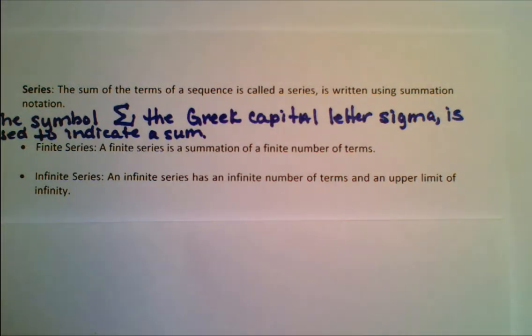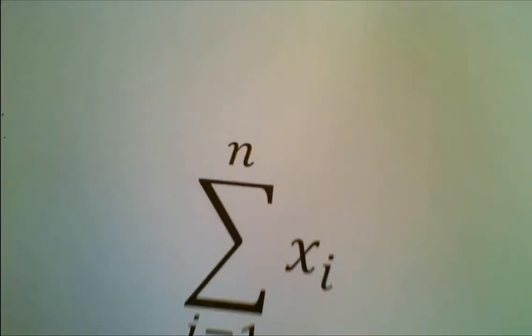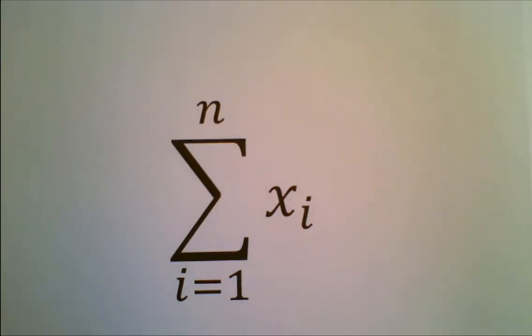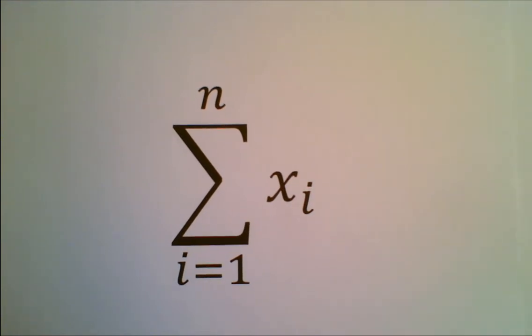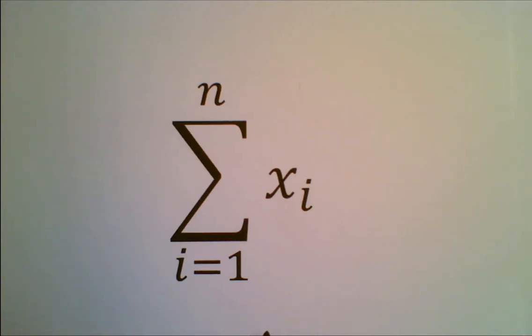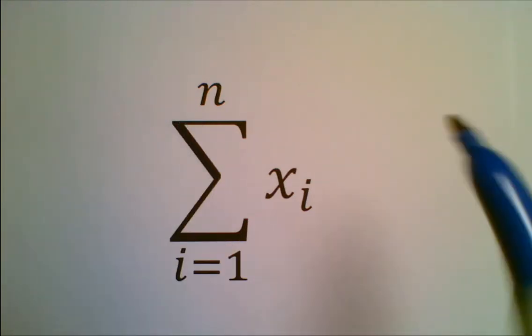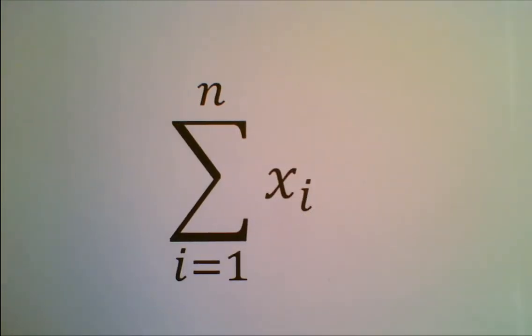So before we move on to the other terms, I want to talk about this Greek letter sigma and what it stands for. So here we have the sum of x sub i, where i is equal to 1 to n. And I want to look at the parts of this summation.